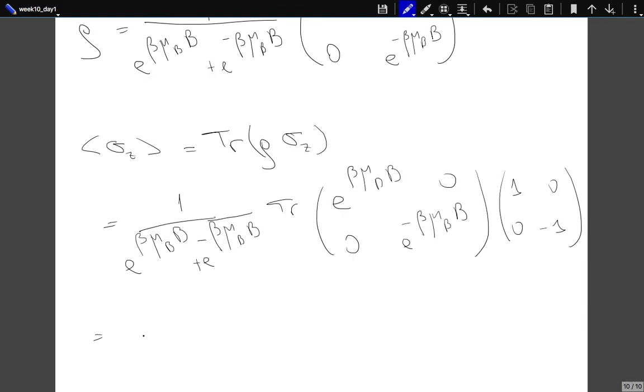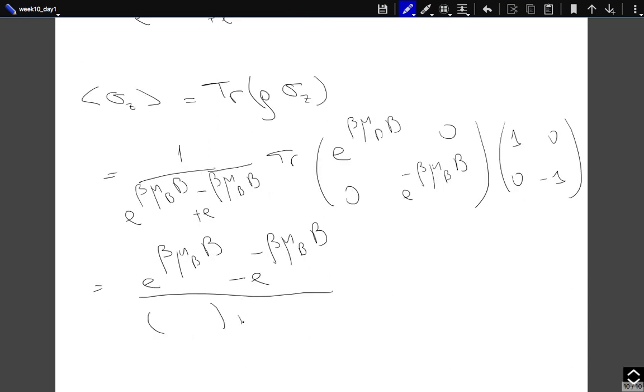Well, that trace is just e to power beta mu b, b minus e to power minus beta mu b, b divided by their sum. Now, this was something we had already obtained.